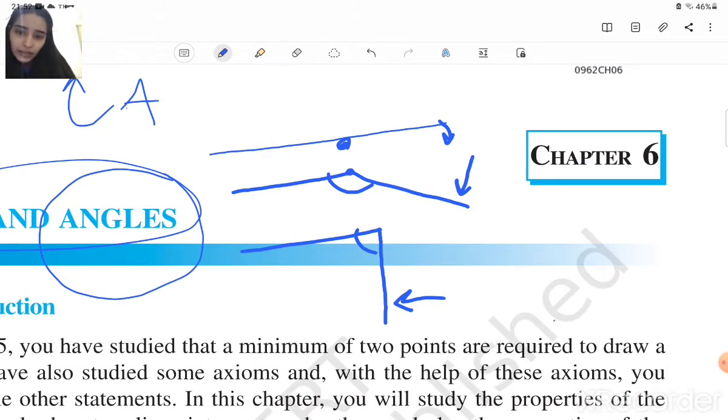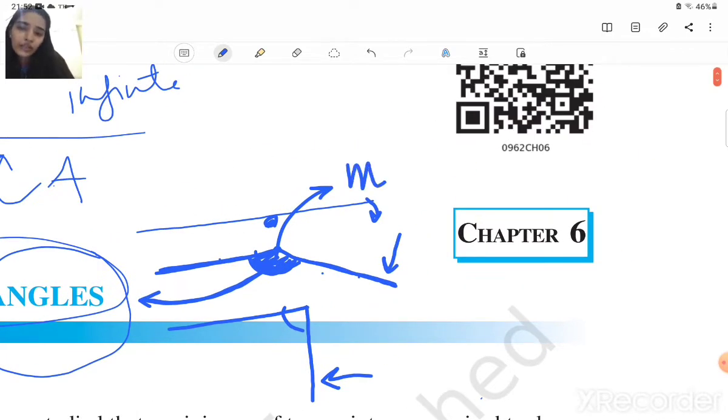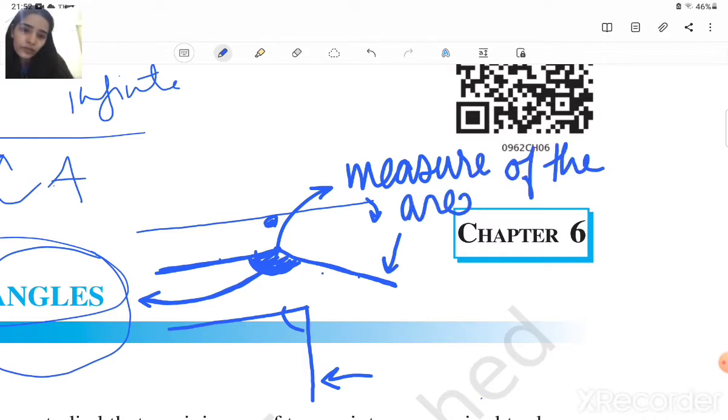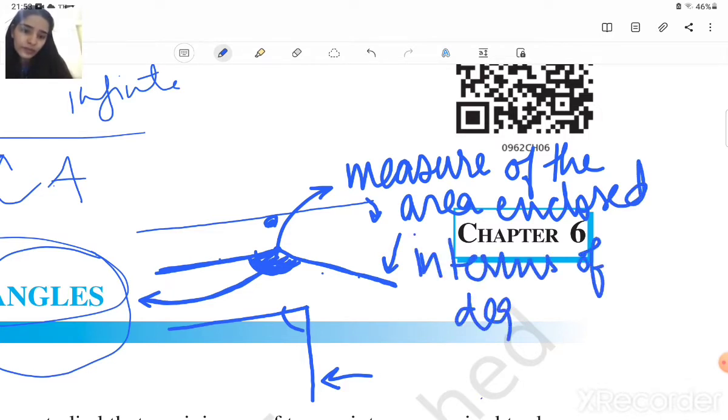So therefore we can see that these two become the arms, and the area which is between these two arms is the angle. The angle is the measure of the area enclosed in terms of degrees.